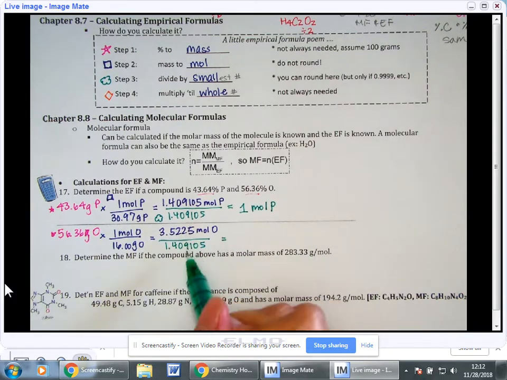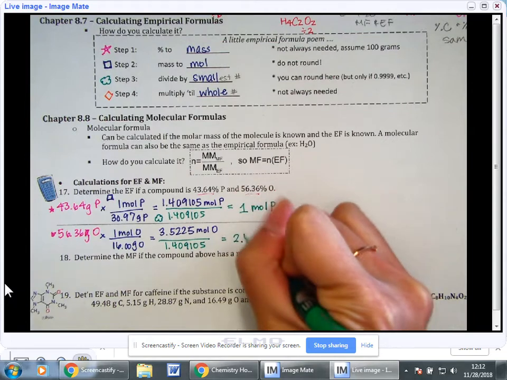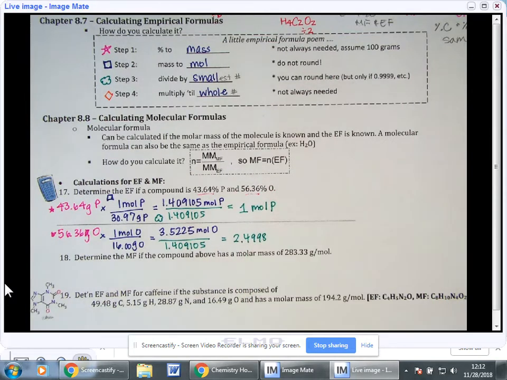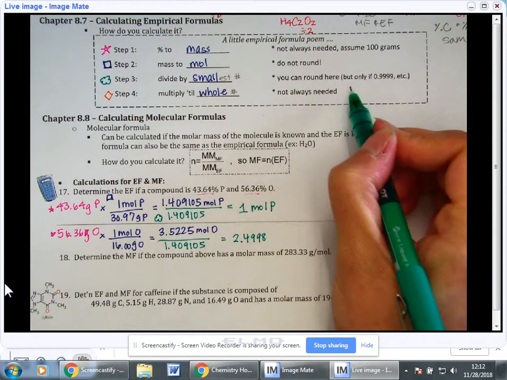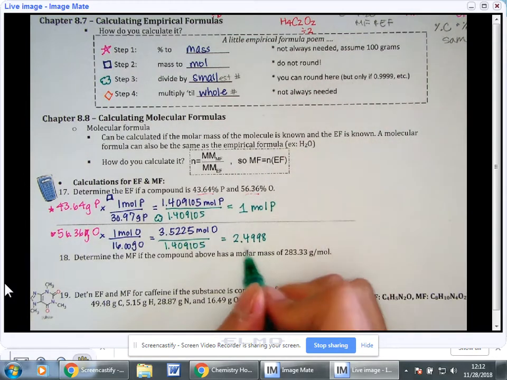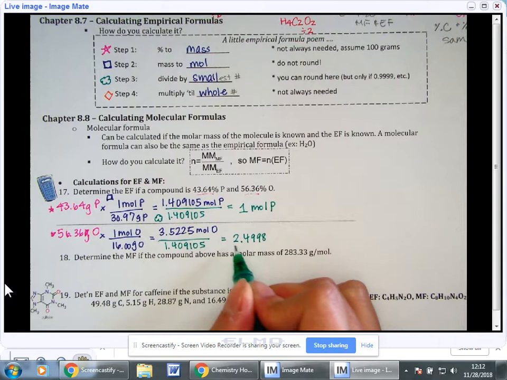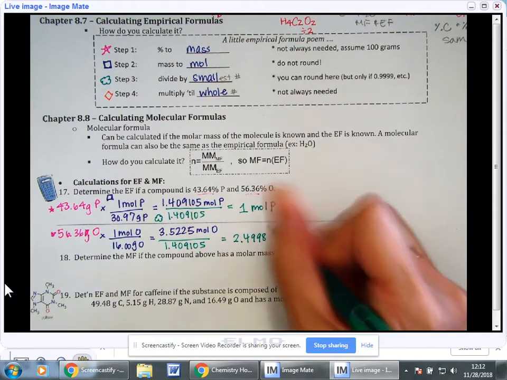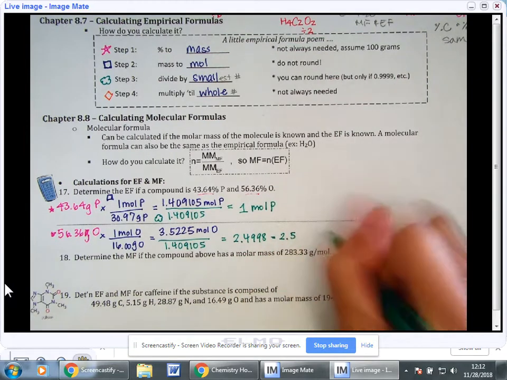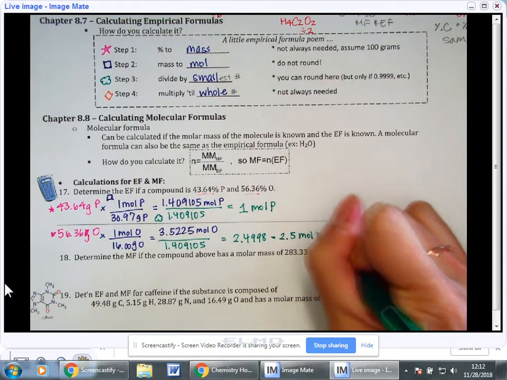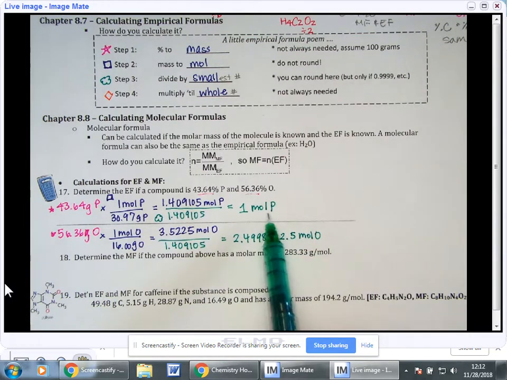If I do 3.5225 divided by 1.409 in my calculator, I get 2.4998. Here it says you can round, but only when it's really close to the next whole number, or if it's really close to a half. This 2.4998 is so close to 2.5, I can round it to 2.5. So this is saying for every 1 mole of phosphorus, I have 2.5 moles of oxygen.